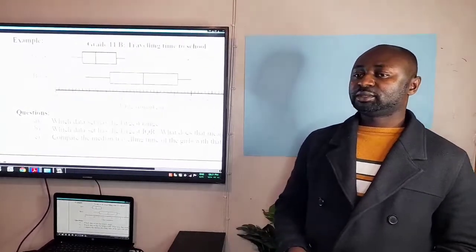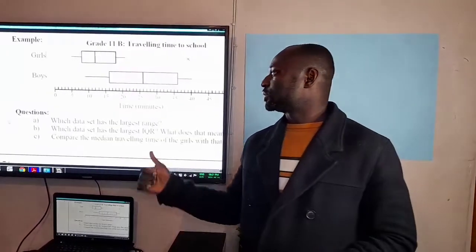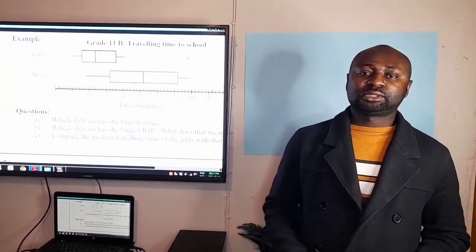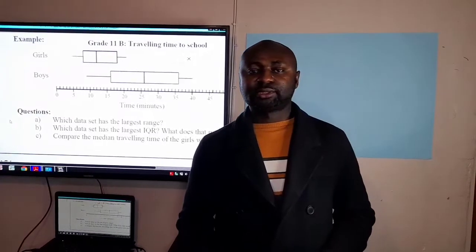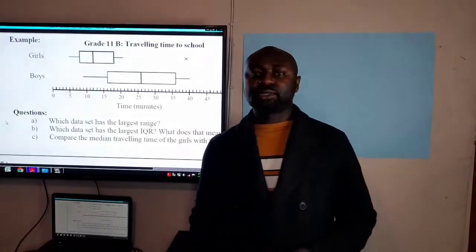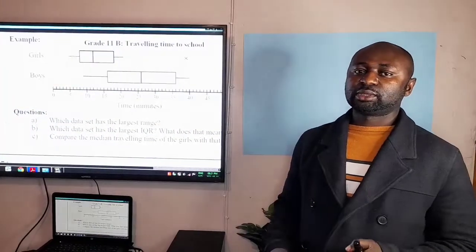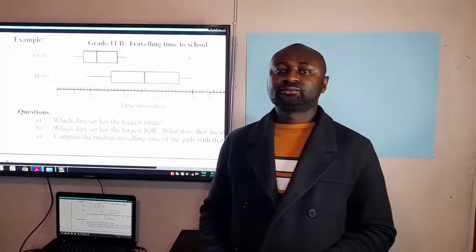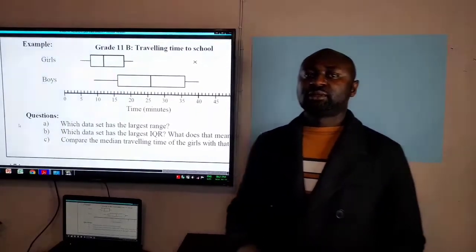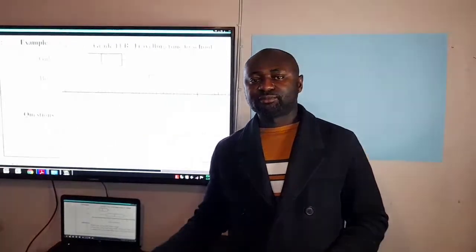Then from there they will ask you to sketch it on the number line that is given to you in your answer booklet. So you go and plot it nicely, indicate your median, indicate your lower quartile, your upper quartile, and the 2 whiskers, the one that moves from the lower quartile to the minimum value and the one that moves from the upper quartile to the maximum value.